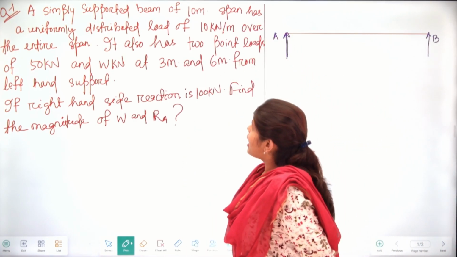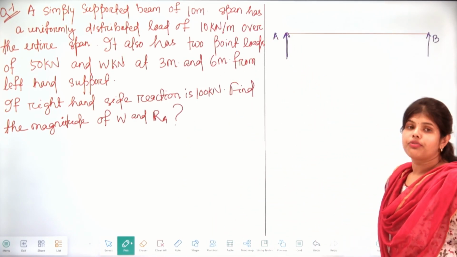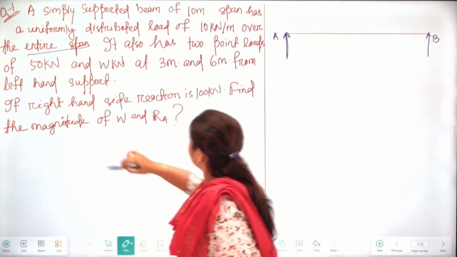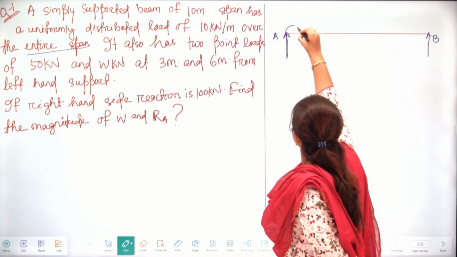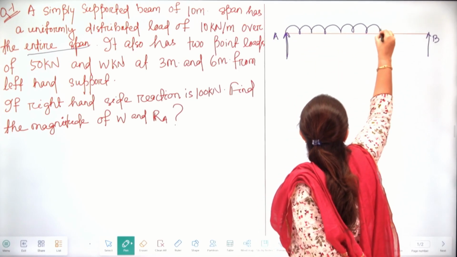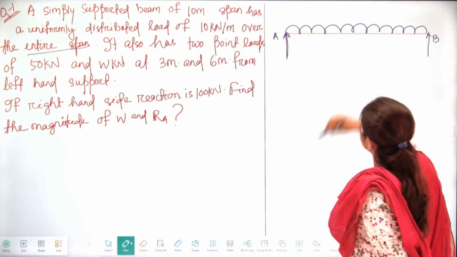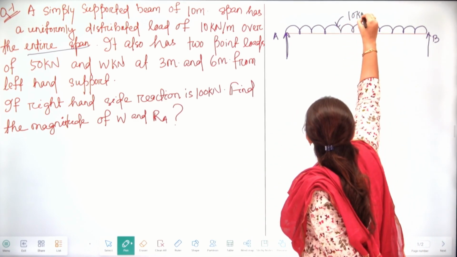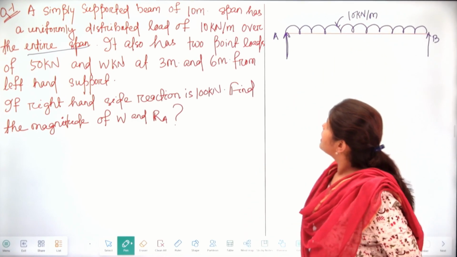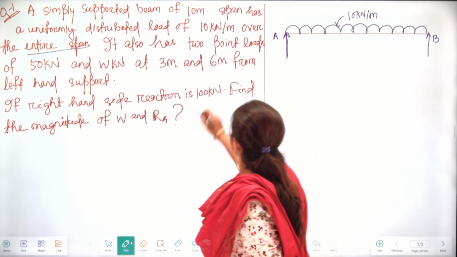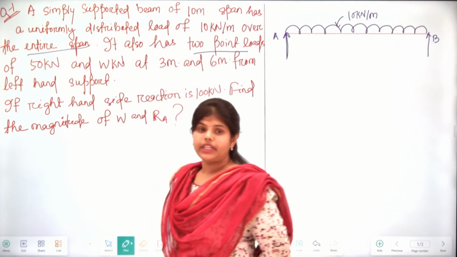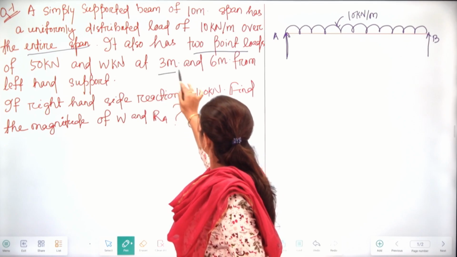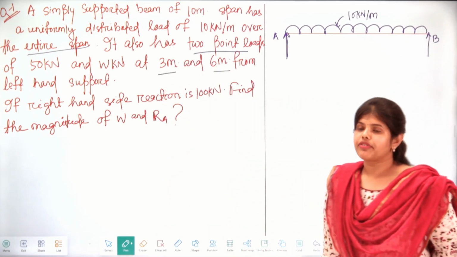Okay. And a uniformly distributed load of 10 kilonewton per meter over the entire span. So the load is 10 kilonewton per meter over the entire span. Next, it also has 2 point loads of 50 kilonewton and W kilonewton at a distance of 3 meter and 6 meter from the left hand support.